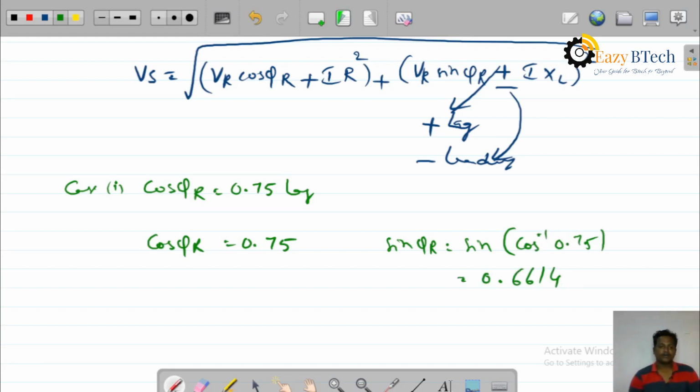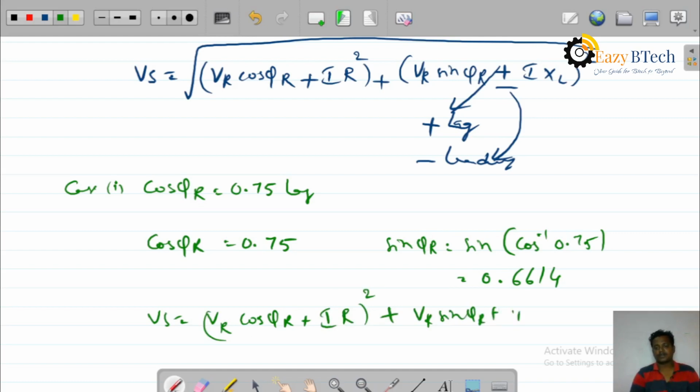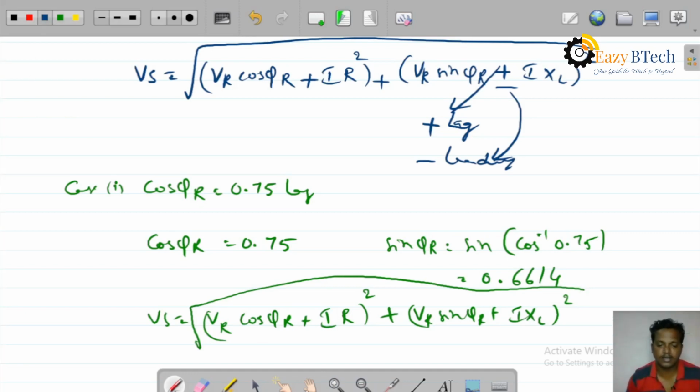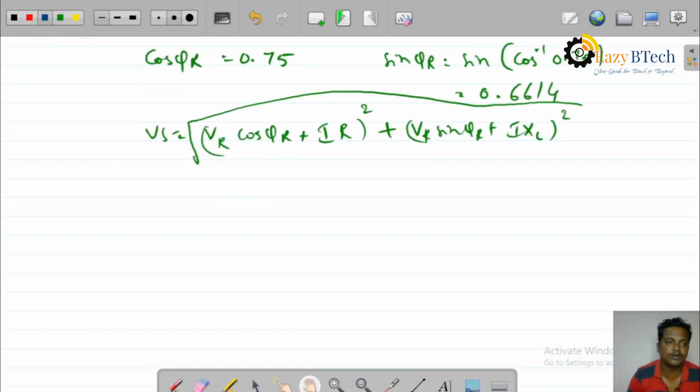Now the formula for Vs is the square root of (VR cos phi r plus I into R) whole square plus (VR sin phi r plus I into XL) whole square. In this formula, the unknown is I. We don't know the value of I here, therefore we have to calculate the current I.